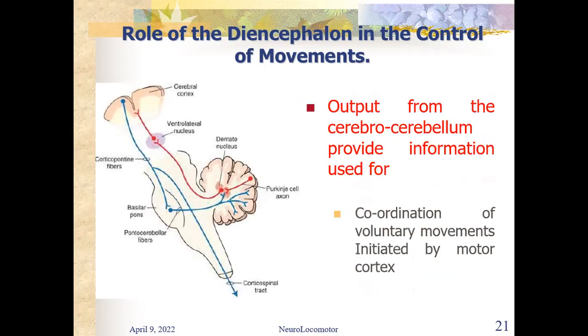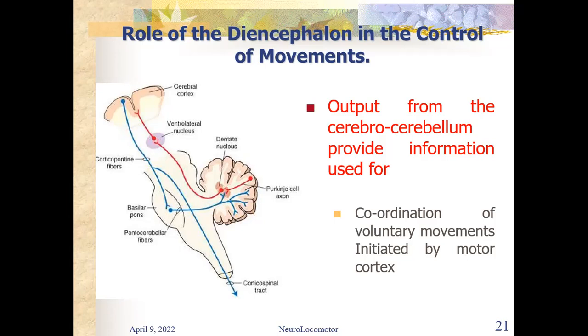Output from the cerebrocerebellum provides information used for coordination of voluntary movements initiated by the motor cortex.